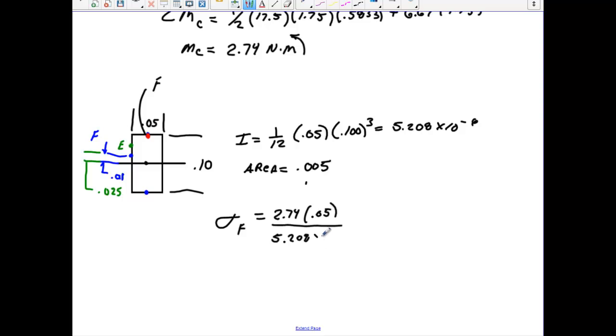It sounds like on the test you're going to be given that value. Minus 6, that'll give you the stress at F. And again, that is going to be compression at the top.